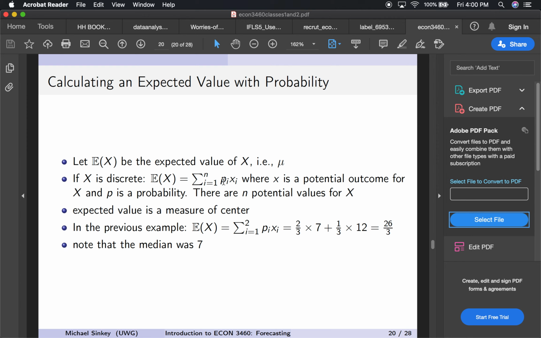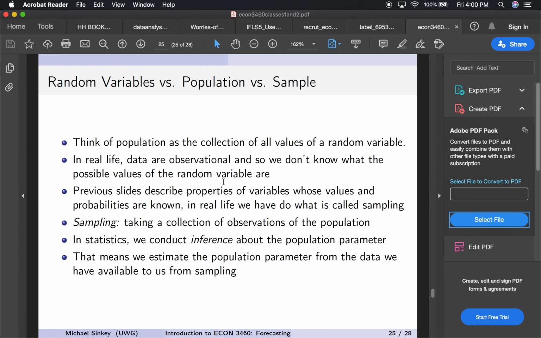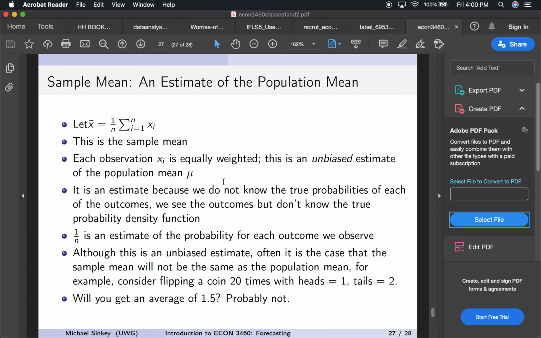I don't know what the true probabilities of the outcomes are. I'm using 1 over n as my best estimate. So this is an unbiased estimate of the population mean, but it may not yield the true probability density function estimate, because we don't know the outcomes and we don't know the probabilities, so we observe some of the outcomes and we just estimate the probabilities as 1 over n.